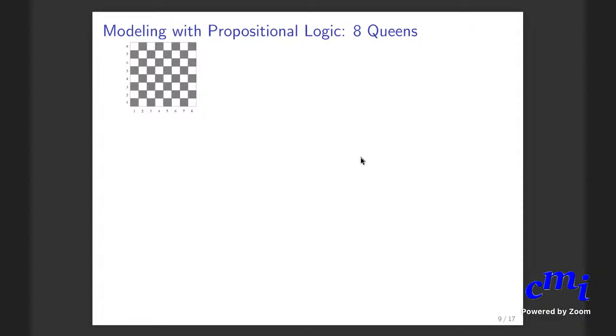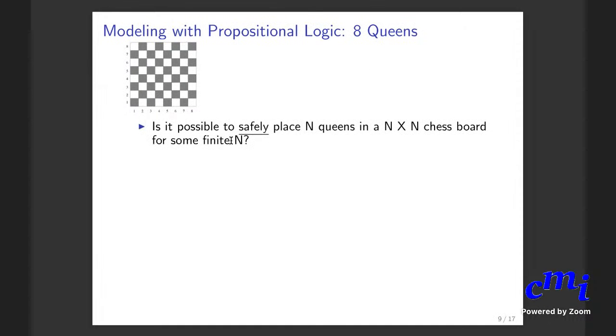So what we want to do is to model, using propositional logic, the 8 queens problem, or a solution to it. What I mean by that is to solve this problem: is it possible to safely place n queens on an n by n chessboard for some specific finite n?